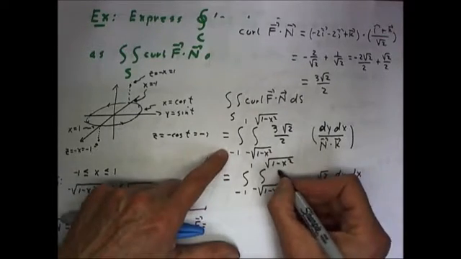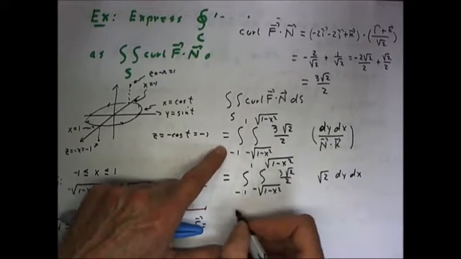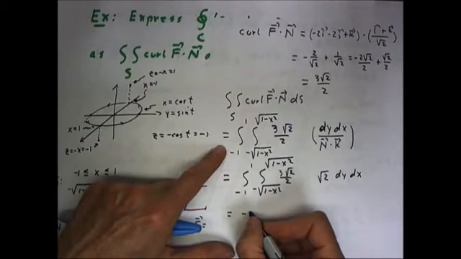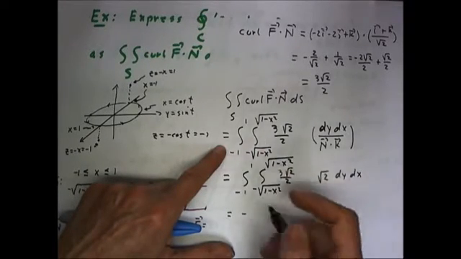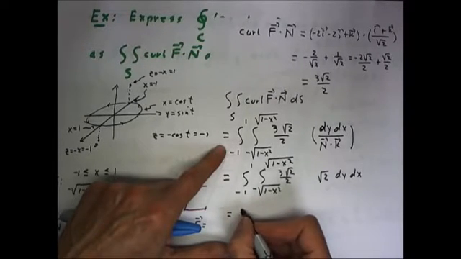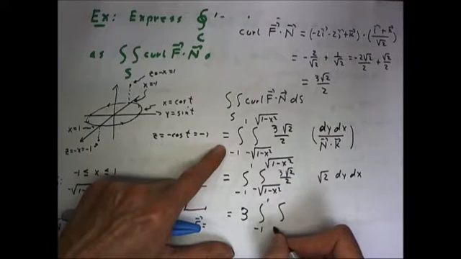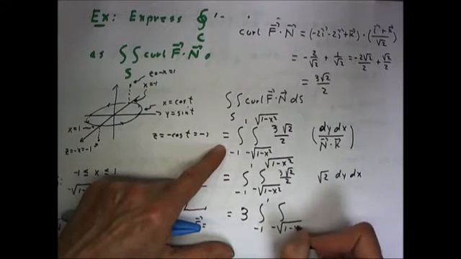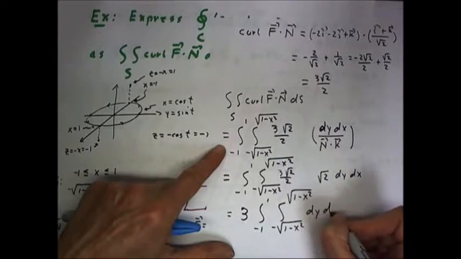In any case, then we have 3 square root of 2 over 2 multiplied by that square root of 2. So square root of 2 times 2 over 2 is 2, so this just becomes 3. We have, let's make that into a 3, really ugly 3, times the integral from minus 1 to 1 of the integral from negative square root of 1 minus x squared to the square root of 1 minus x squared dy dx.